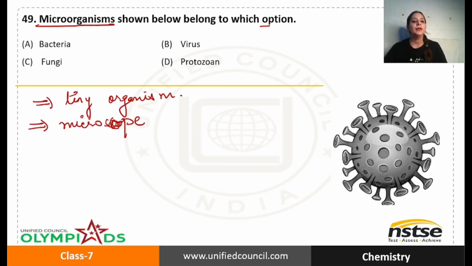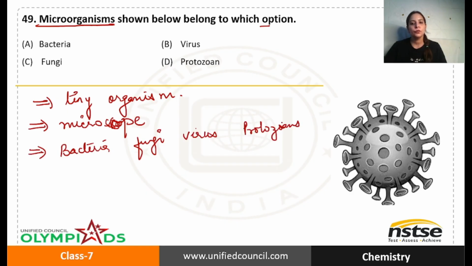Now, we have different types of microorganisms: bacteria, fungi, virus, and yes, protozoans also. Microorganisms can be useful for us, and on the other hand, they can be harmful for us also, because they can cause many diseases, as they are infection causing agents.